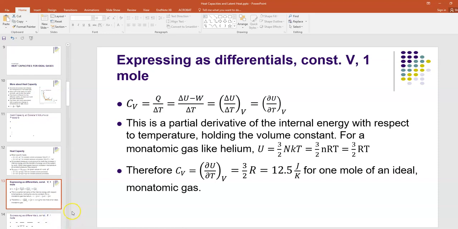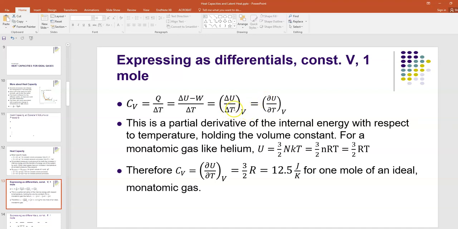Now let's solve. If we're talking about a per mole basis, so this is for n equals 1, then using that expression that I just derived on the previous slide, I can solve for C_V for constant volume. C_V is going to equal Q over ΔT, which is (ΔU minus W) over ΔT. Since W is equal to 0, that's ΔU over ΔT held at constant volume.